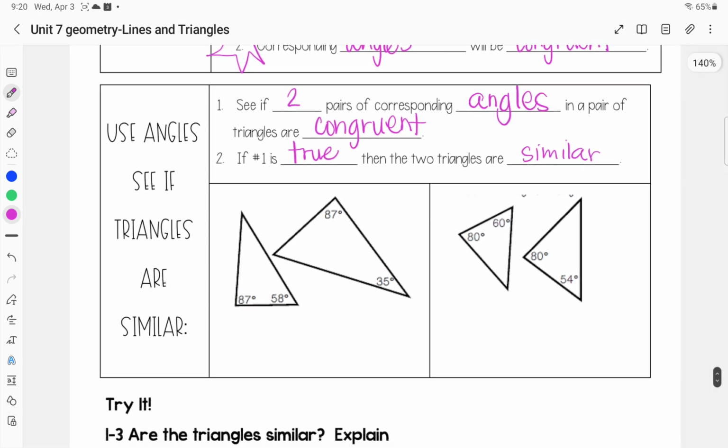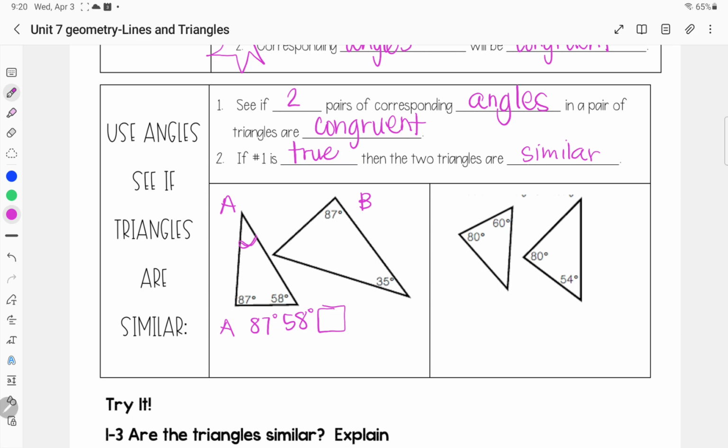In other words, if we look at this one, I'm going to call this triangle A, and I'm going to call it triangle B, just so that you can see what I'm doing. Triangle A has angles of 87 degrees and 58 degrees. I need to find out this missing angle right there. I know all three angles inside a triangle need to add up to 180.